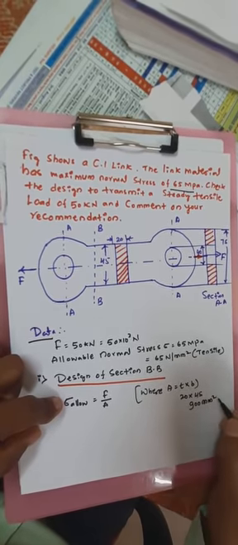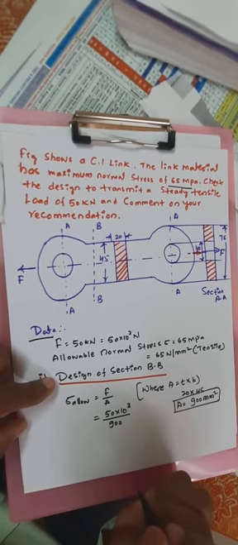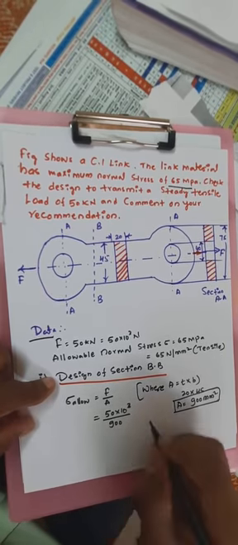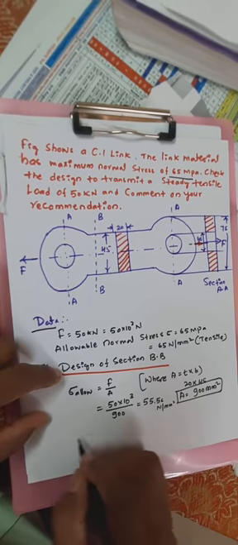If we substitute the values in this formula, F is 50 into 10 to the power 3 divided by 900, which gives 55.56 Newton per mm square.